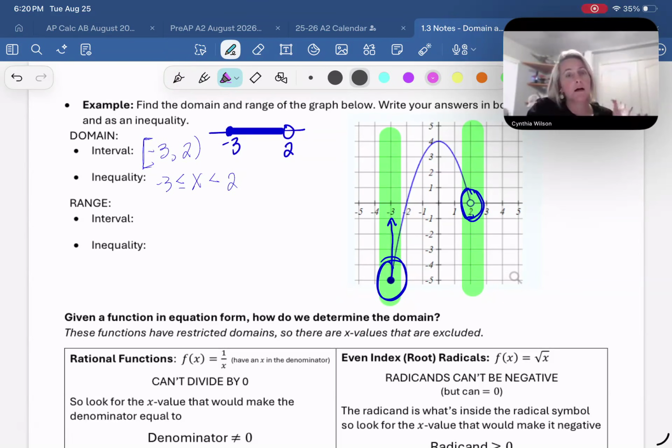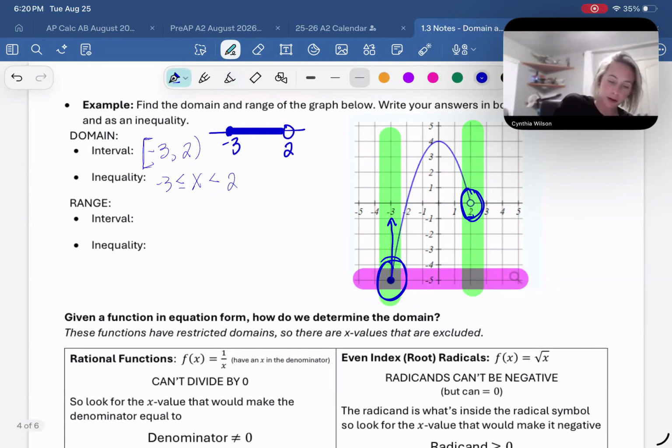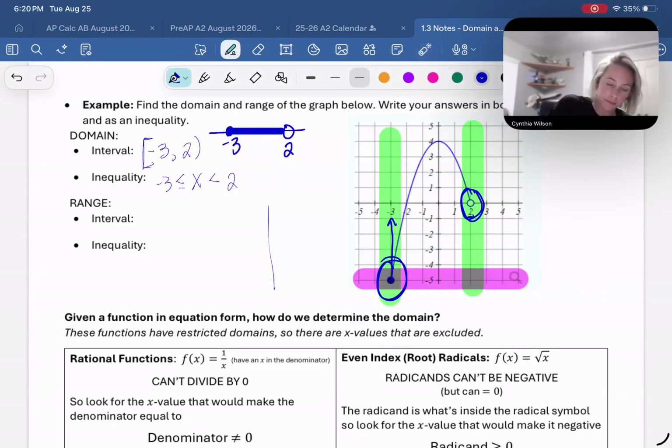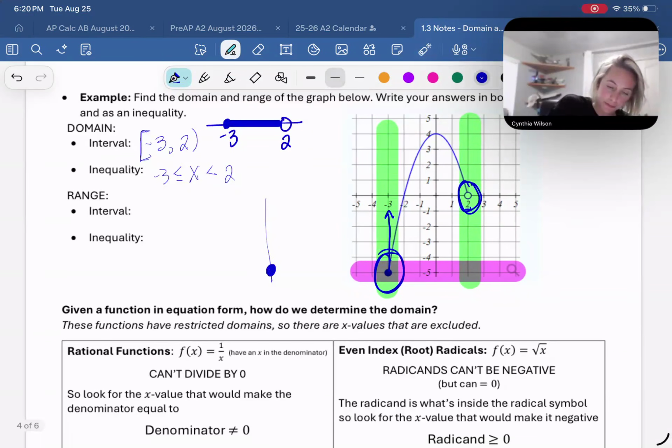Okay. Quickly going through range. Bottom. So we were looking at the bottom. I'm going to draw a vertical number line here. And at the bottom, I see a closed dot. I'm going to look over and see what that y value is.